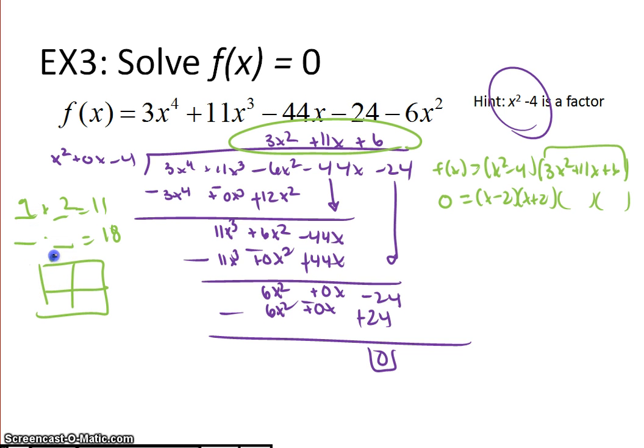So I'm going to have 3x squared, here I have x, I have 9x and 2x.